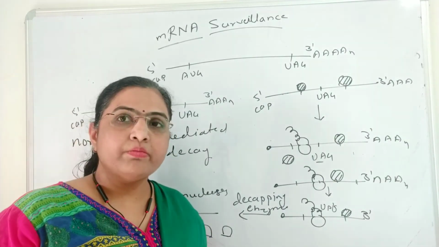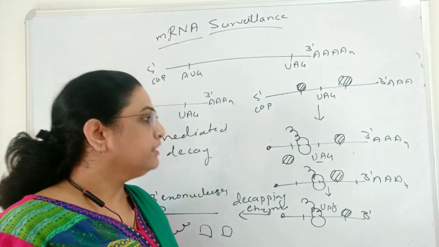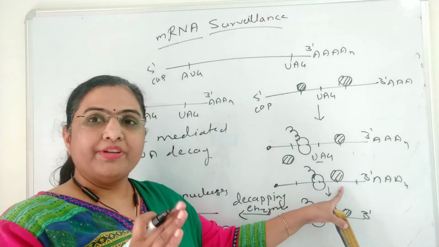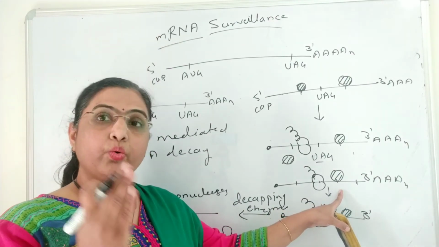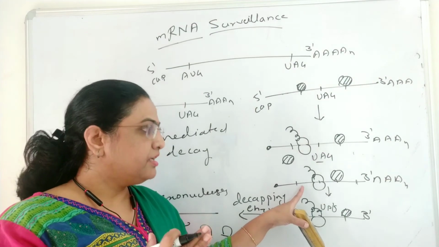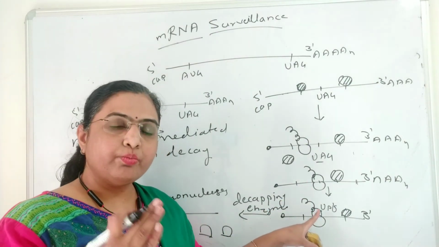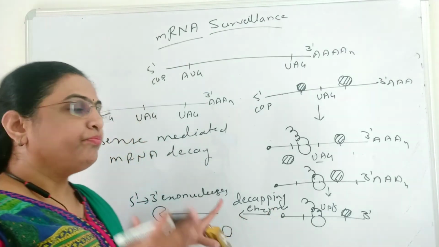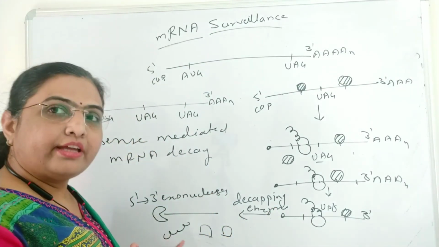In the first cycle of the translation, it is observed that one of the exon junction complexes is present over the mRNA, and still the ribosome has been stalled. This is a signal. UPF 1, 2, 3 proteins are loaded. They load the decapping enzyme. The decapping enzyme removes the cap.